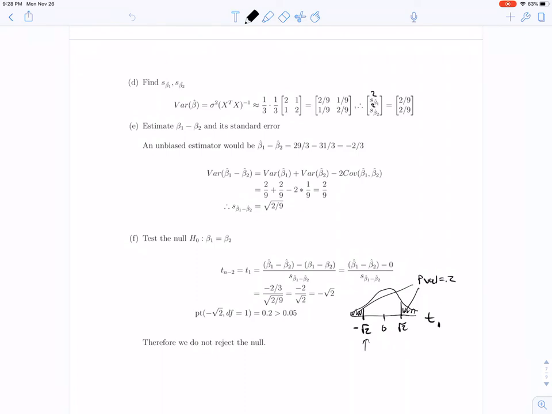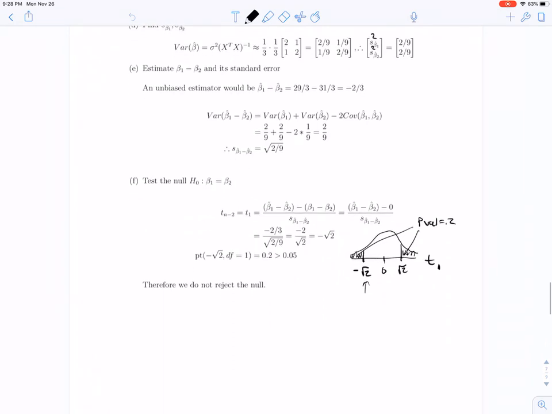So an estimator of that difference is beta 1 hat minus beta 2 hat, which we know is minus 2/3, and so the variance of the difference is the variance of beta 1 hat plus the variance of beta 2 hat, and then there's a covariance term which you can pick out from your variance covariance matrix and see that the standard error is square root of 2 over 9. And then you can do your hypothesis test.